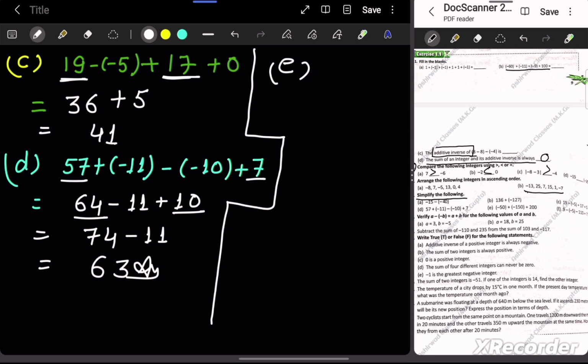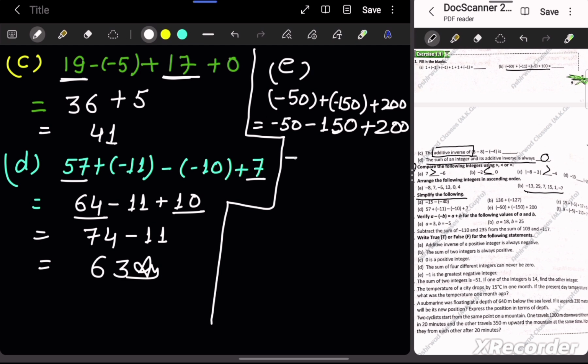Now E part. E part here: minus 50 plus minus 150 plus 200. Okay. Here minus 50 and minus 150 are both negative integers.